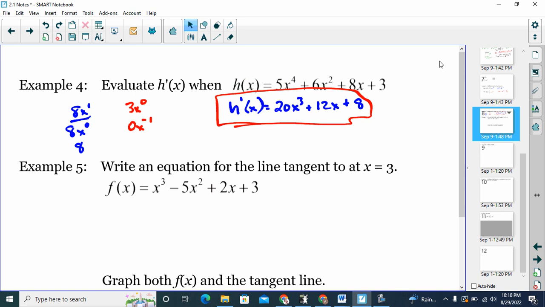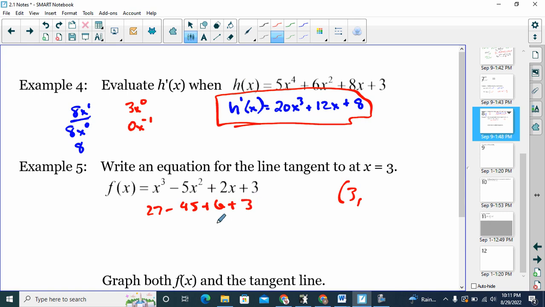We always need a slope, and we need a point. Well, they gave us the x value of the point. So x is 3. To get the y value of the point, we just plug in 3. So plugging in 3 gives me negative 18, negative 12, negative 9, I think.